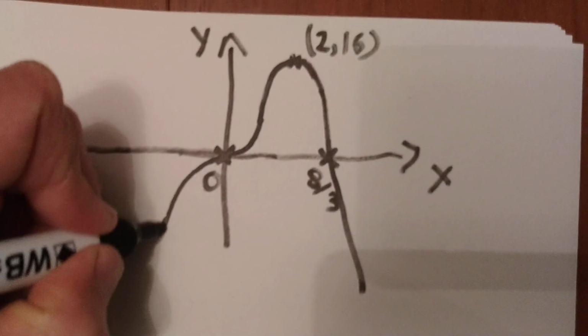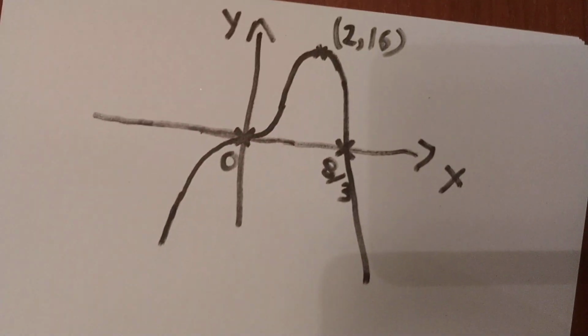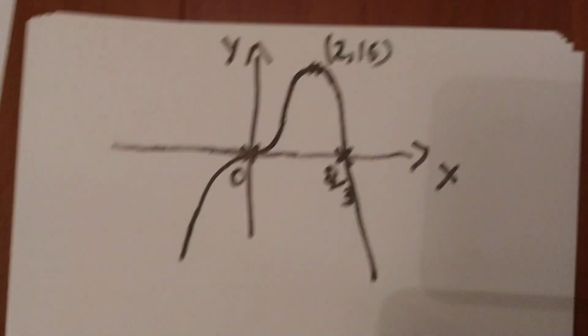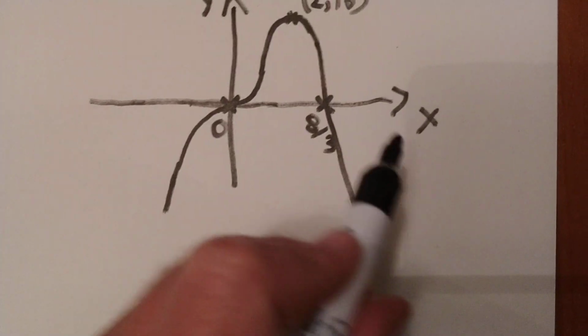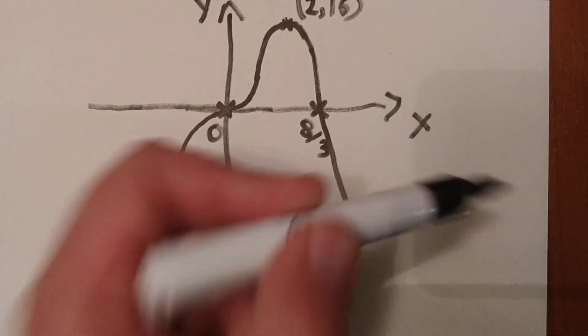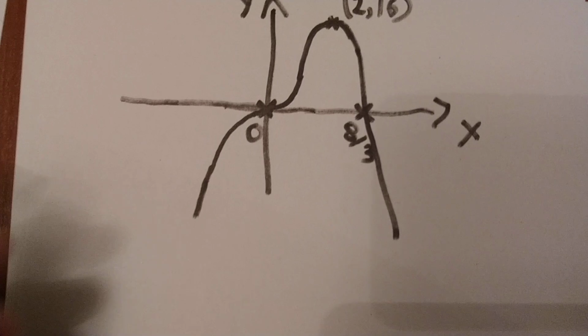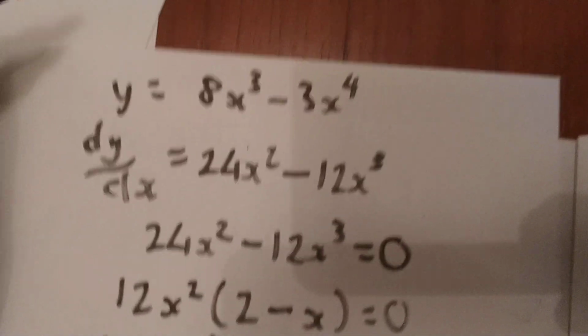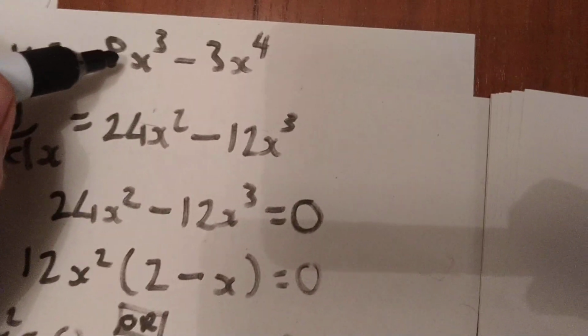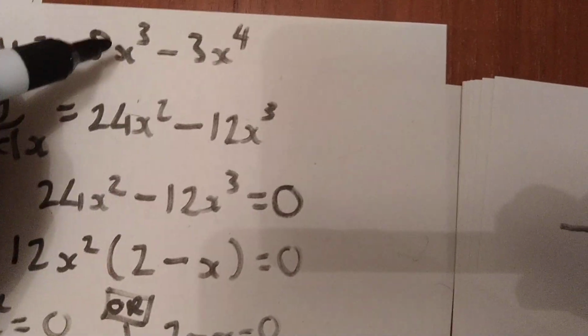Final thing is check what's happening to the equation of the curve when the x-coordinates are getting extreme. When x is getting very large and positive this way, or when x is getting very negative this way. So let's have a look and see what happens. In the original equation, y equals, let's say x is going very positive.